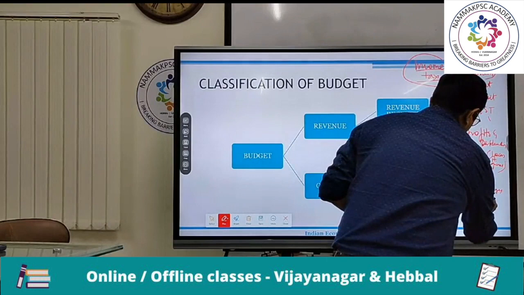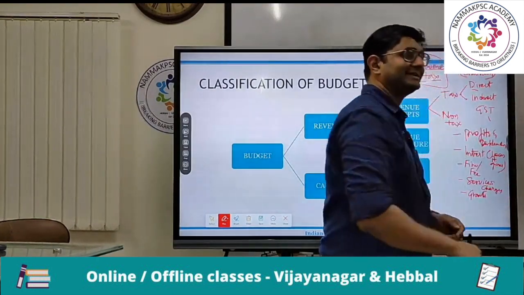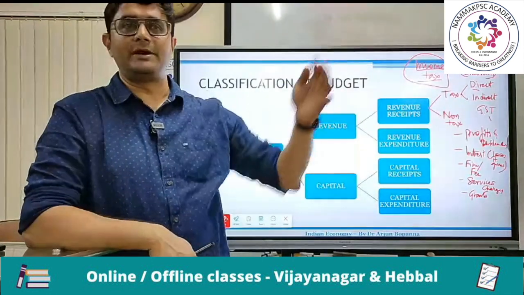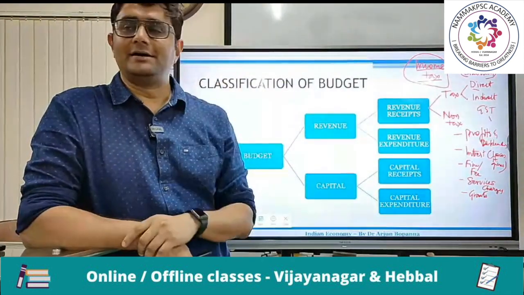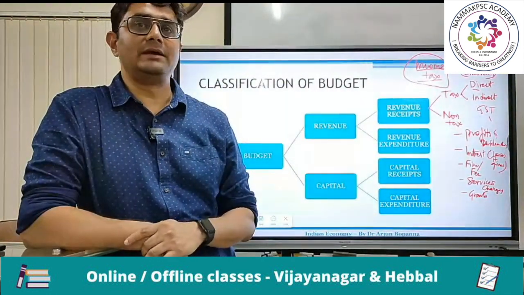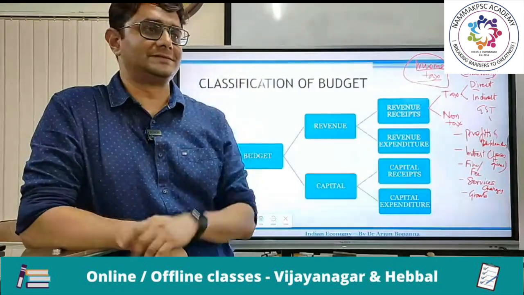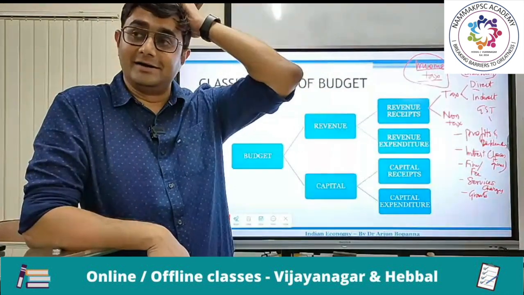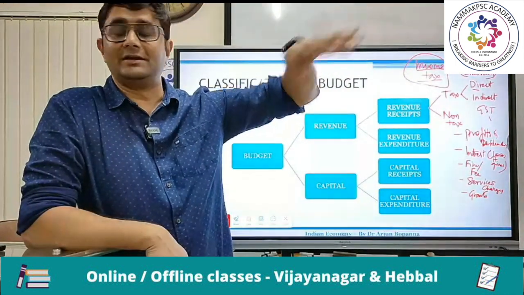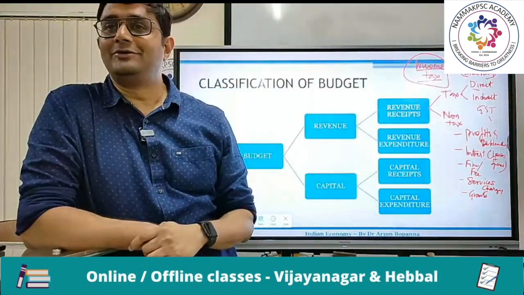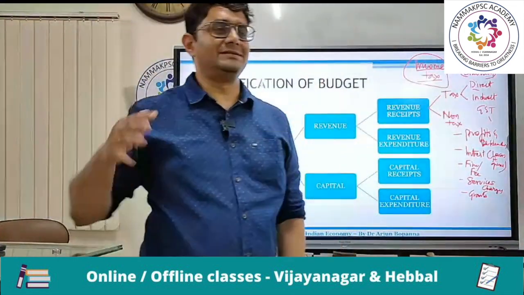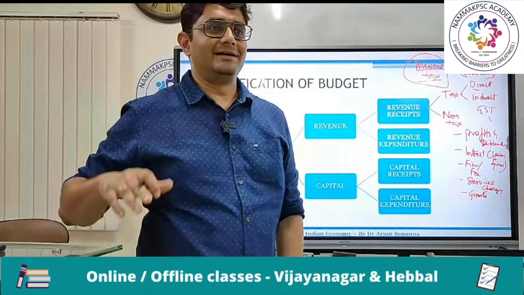Then grants, the government receives. Gifts, the government also receives gifts. For example, some parts of the Bangalore Metro have been granted by the Japanese government. You can see at MG Road Metro a board saying it is funded in collaboration with Japanese aid.